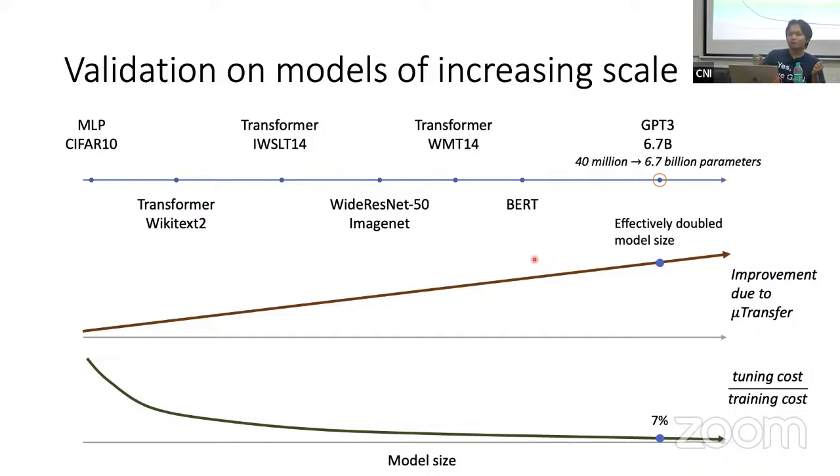If you go larger, then the compute cost is large. So from our experience, a width of 256 for the small model is roughly a good point to tune on. And the 40 million parameter model is essentially just shrinking the model to have width 256.